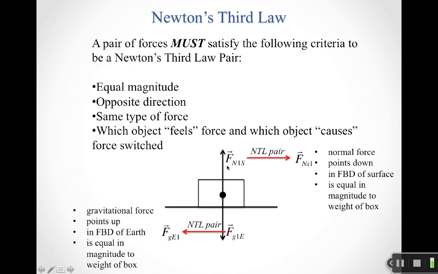But Newton's second law tells me that these two forces cancel each other out, which tells me that the normal force has the same magnitude as the weight on the box. So how much the box pushes down on the surface is equal in magnitude to how much the surface pushes up on the box, which Newton's second law tells me is equal in magnitude to the weight of the box. This puts together what I know about Newton's third law with what I learned from Newton's second law in thinking about this particular force.